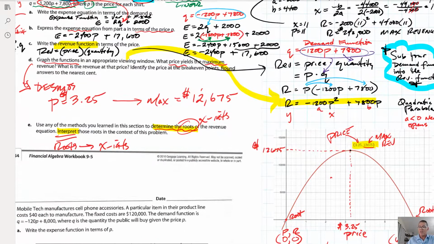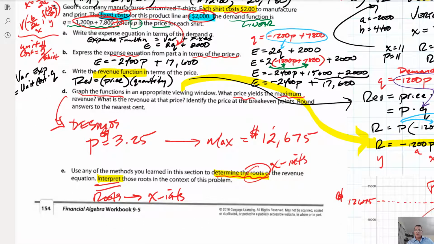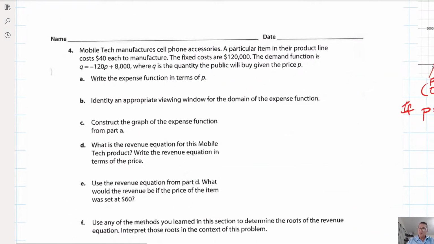Now your job is to handle number 4. You've got to do something on your own. This, my friends, is very similar to number 3, so use everything I talked about in number 3 to help you. This is homework here. Do a good job on this one.